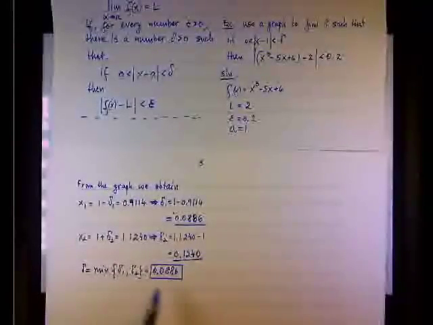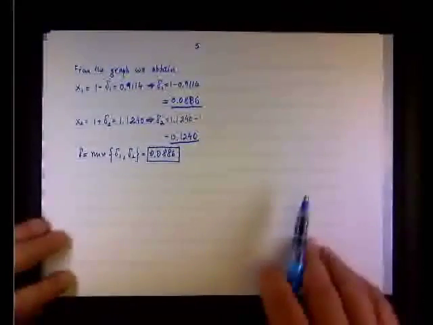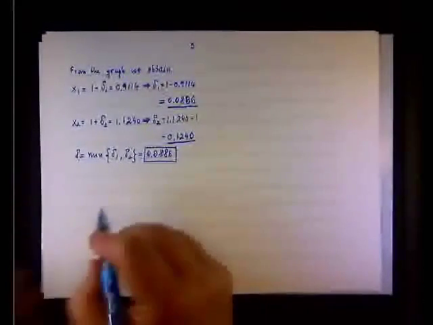So, if we choose delta to be 0.0886, then we are comfortably within the sleeve. So we're going to say the following.